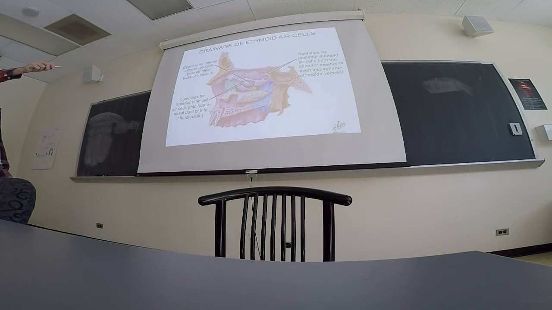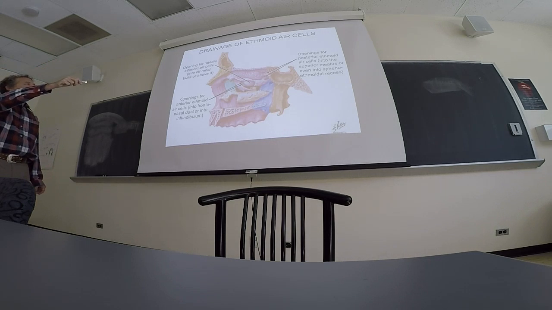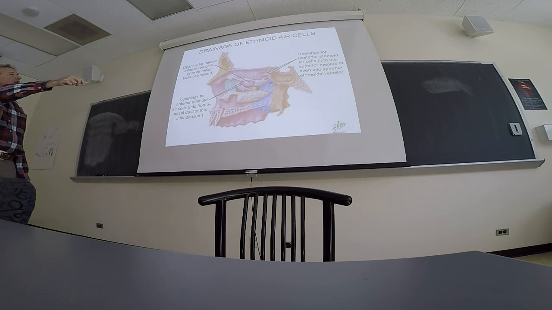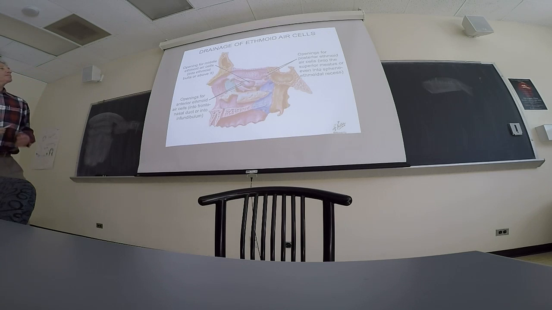And the posterior little sinuses, which are back up in here, open into the superior meatus, between the last concha here and this, or back in the sphenoethmoid recess. So not surprisingly, the individual cells up here dump anteriorly, the middle cells dump in the middle, and the more posterior individual cells dump in more posteriorly.